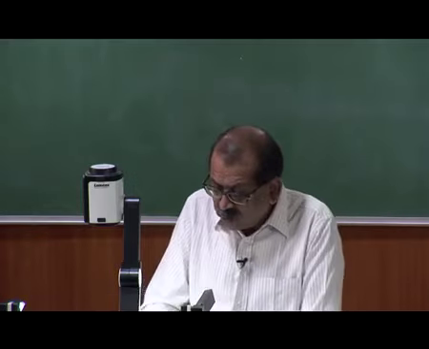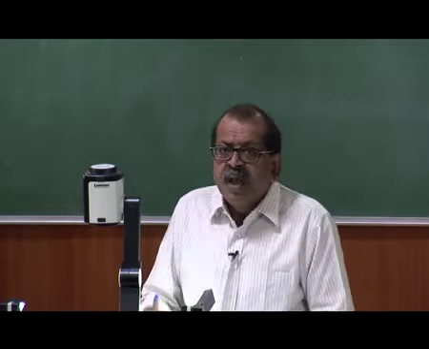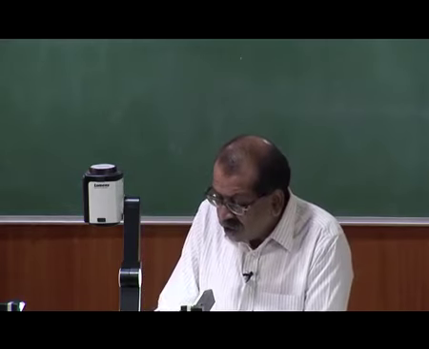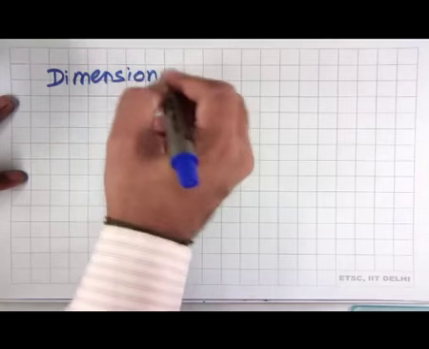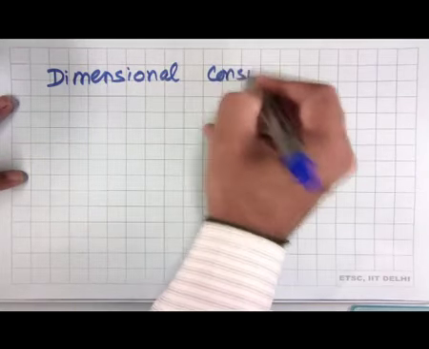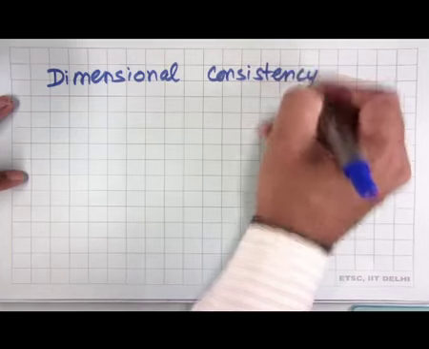So, we have one thing which we have to be careful about when we write our equations. All our equations which we write in physics should have dimensional consistency.